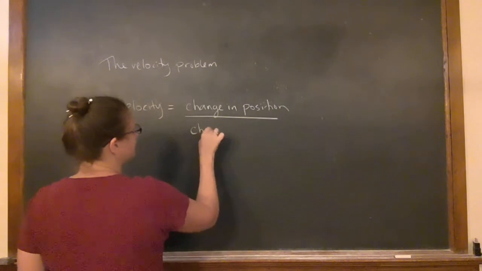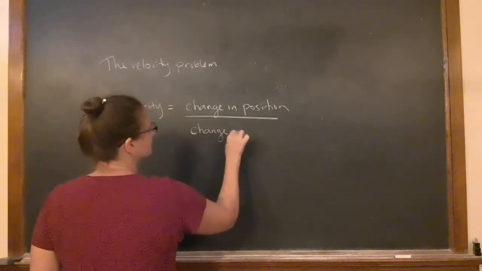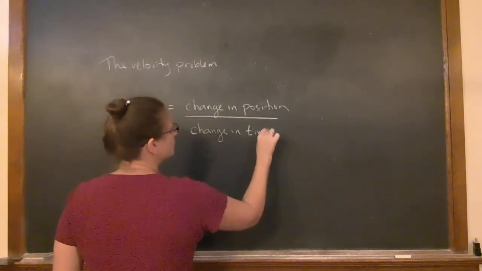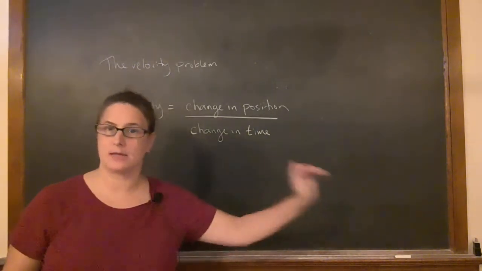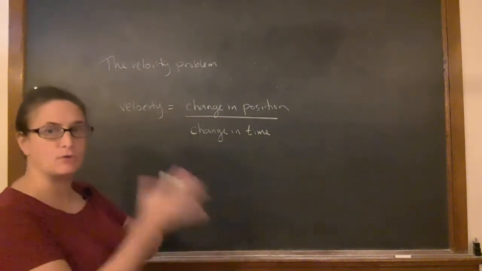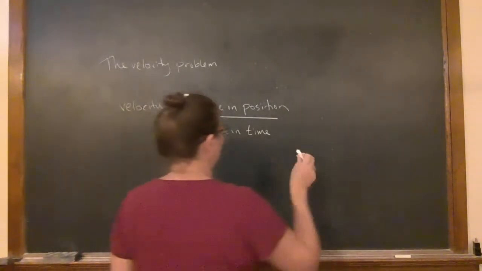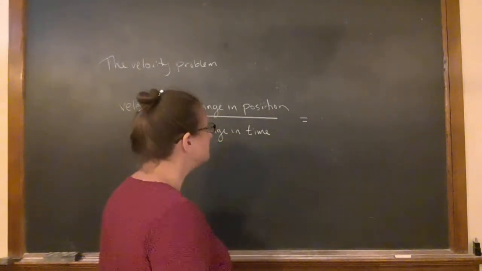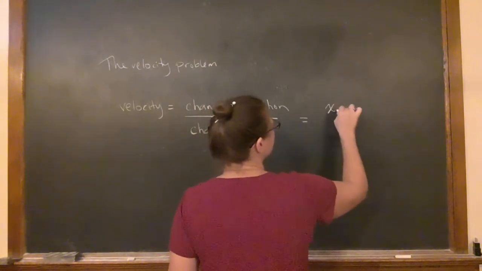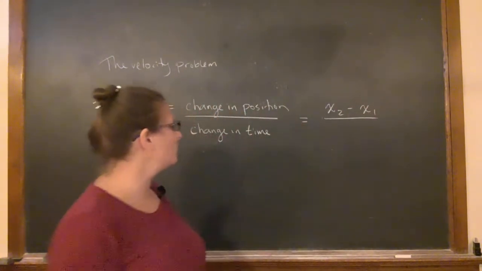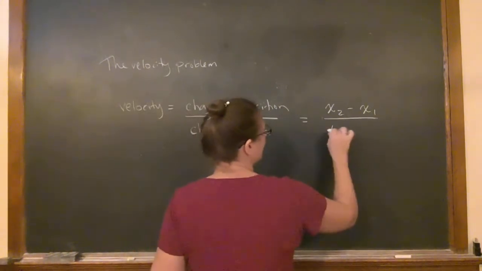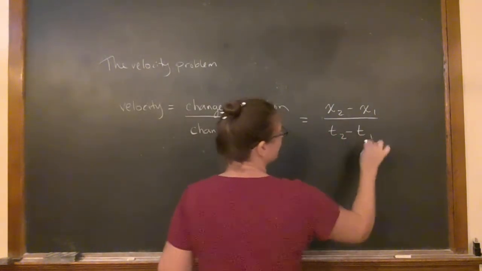So this is an average, really. So if we call position x, and we're just going in one dimension, nothing hard here, just straight line, back, forth. So change in position, let's say your position at time 2 minus the position at time 1, divided by the change in time. So time 2 minus time 1.